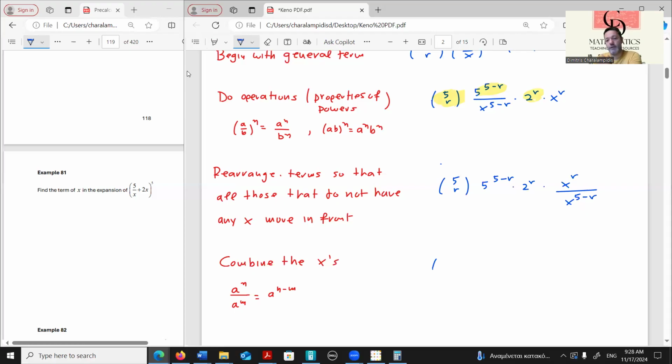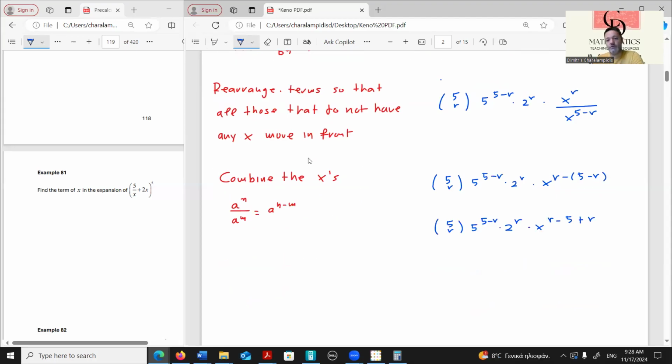So I'm going to have to repeat all that. 5 minus r times 2 to the power of r times x to the power of r minus 5 minus r. Let me rewrite that in a more clear way. 5 minus r, 2 to the power of r, x to the power of r minus 5 plus r. So again, in an even clearer way, 2^r x^(2r minus 5).